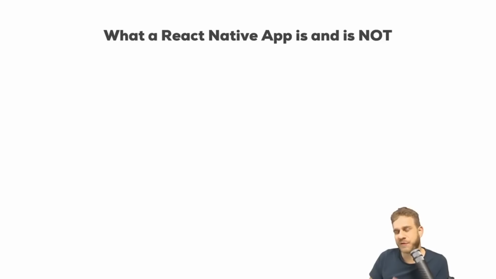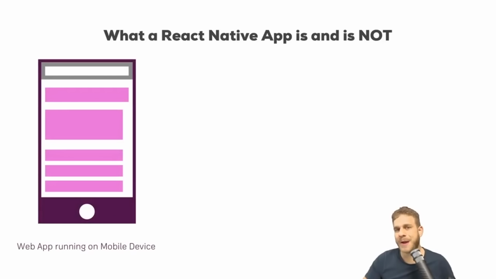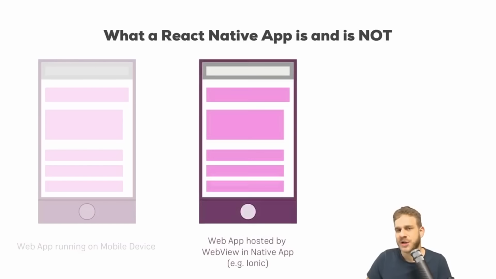When you build an app with React Native, you're not building a web page running in the browser on your mobile device. That's not the case. You're not building a web page. You're also not building a web app that's hosted in a web view, like it would be the case for Ionic or Cordova apps.